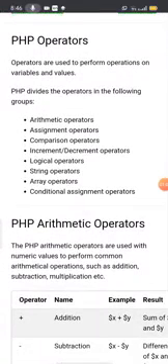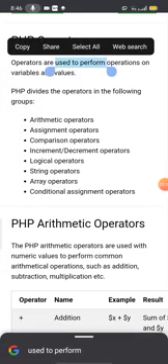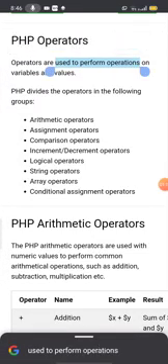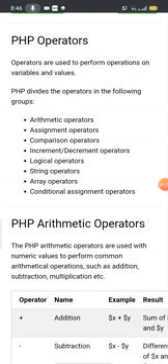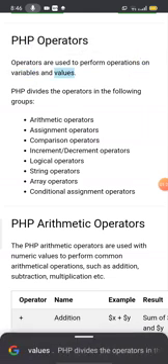What is a PHP operator? Operators are used to perform operations on variables and values. Two things we are going to deal with over here: one is values and another is variables.